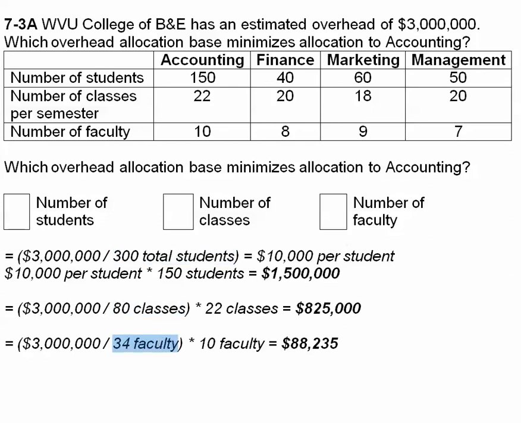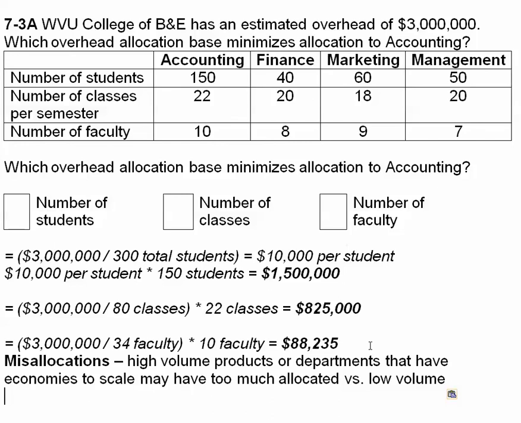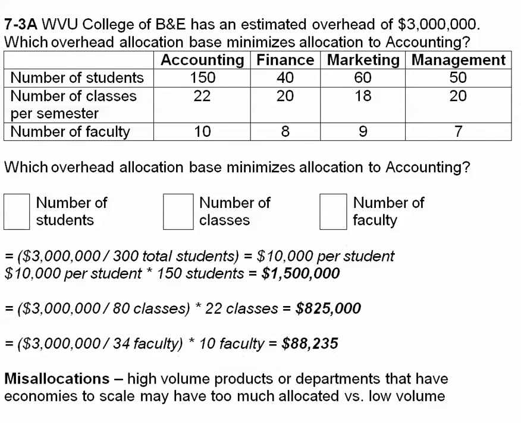What companies have found over time is that they've got to be really careful in what they pick for an allocation base, because you can get, let's say, bad estimates of how much cost objects are.